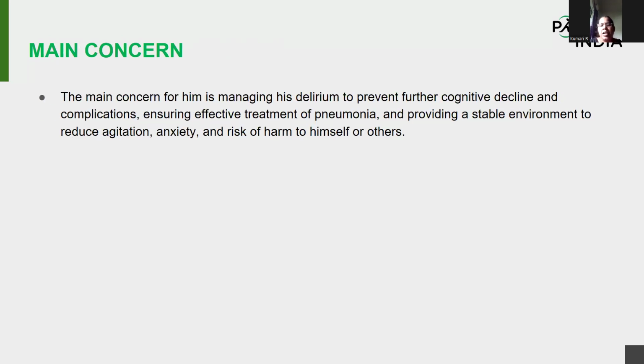The main concern regarding my patient is managing his delirium to prevent further cognitive decline and complications, ensuring effective treatment of pneumonia, and providing a stable environment to reduce agitation, anxiety, and risk of harm to himself or others.